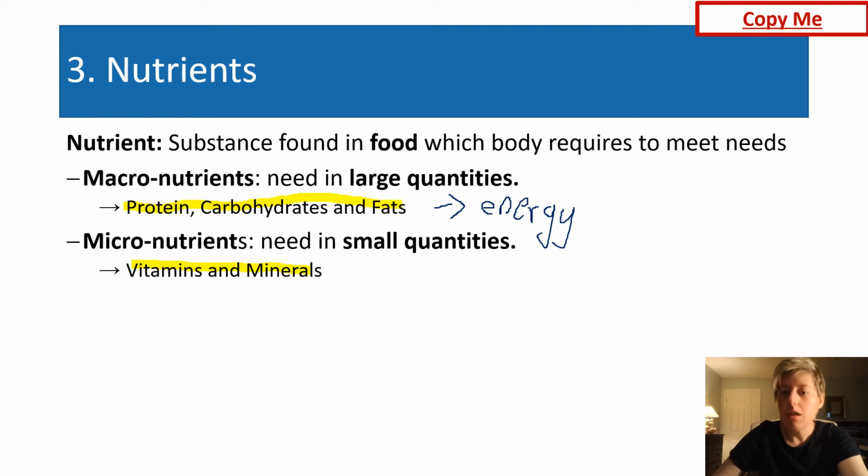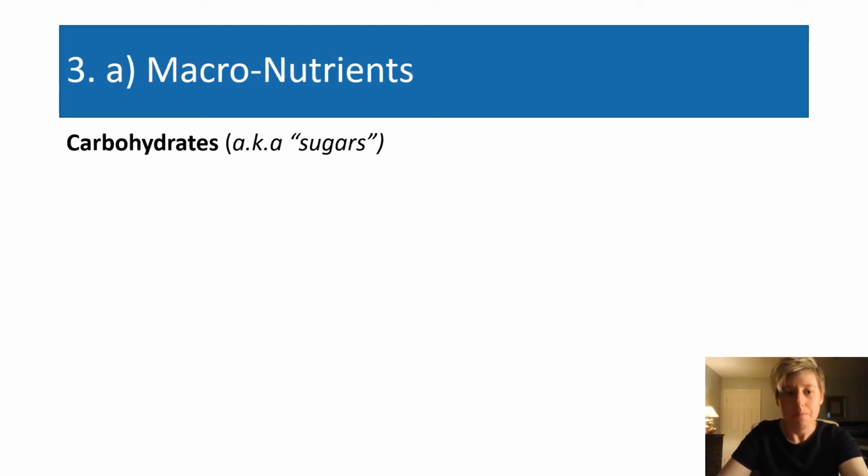Your body really uses micronutrients for molecules in chemical reactions, for molecules in enzymes, for molecules to help the immune system and a whole bunch of other systems work properly. So these are not used to burn energy. These are used for all of the chemical reactions in your body to work properly.